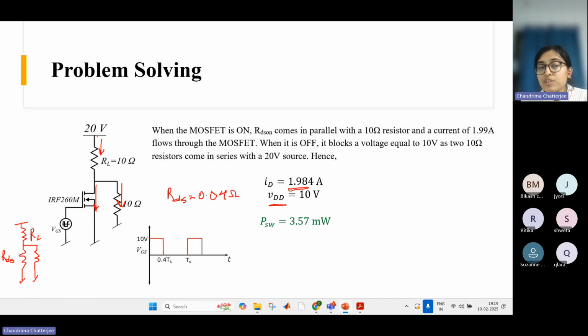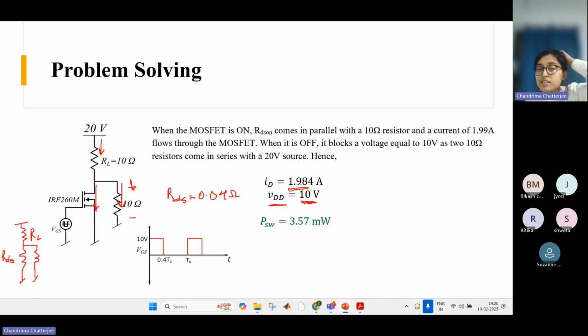So this 20 volt will get dropped across this resistance and this resistance equally. This voltage will be 10 volt. That's why I have written VDD is 10 volt. But remember, this is during off condition, when the MOSFET is blocking some voltage.